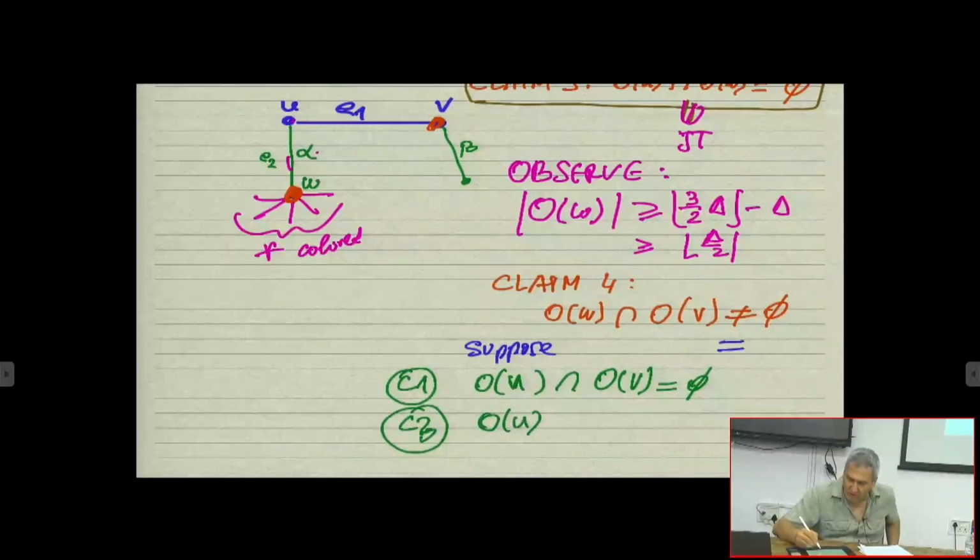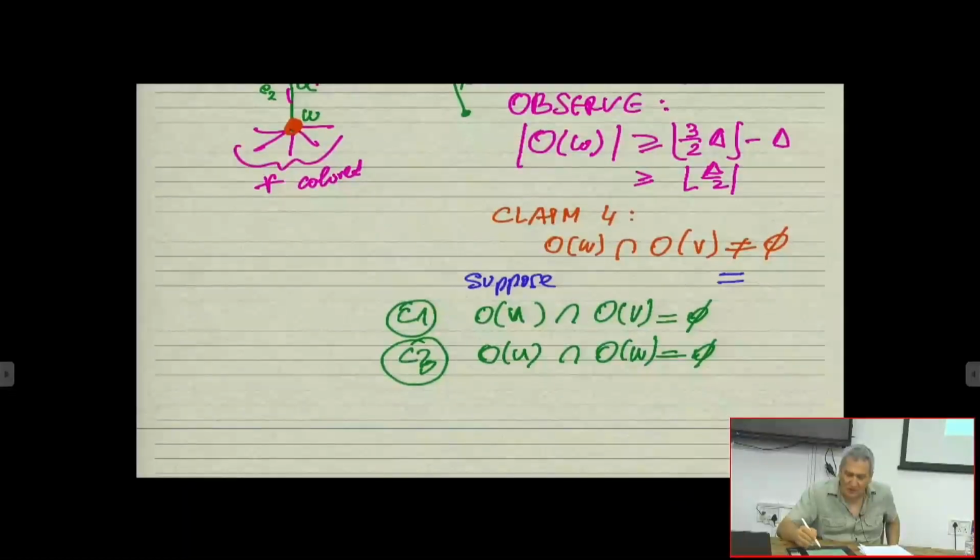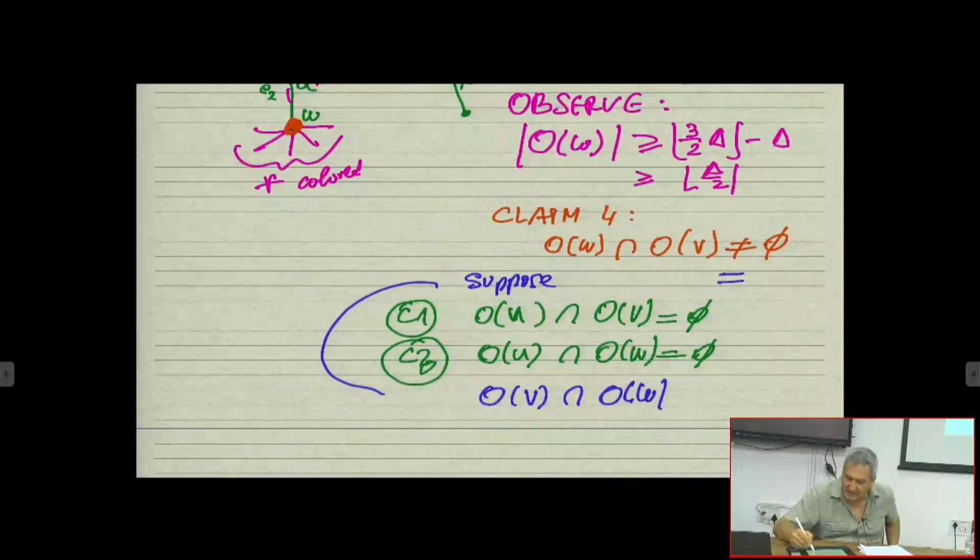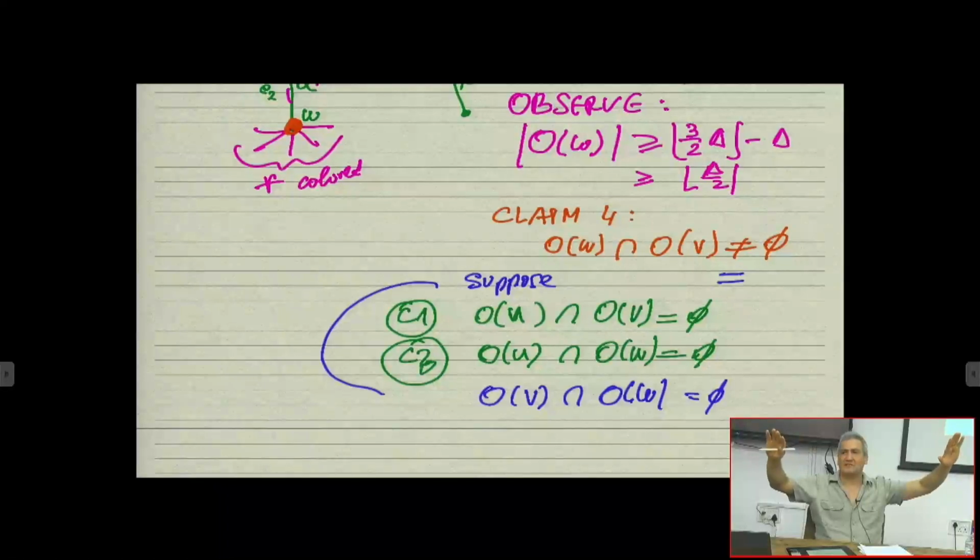O of U intersection O of V is the empty set. This is claim 1. What does claim 3 say? O of U intersection O of W is the empty set. And we now assume it with blue, O of V intersection O of W is the empty set. So all these 3 sets are pairwise disjoint. Yes? So let's count how many colors we have together.